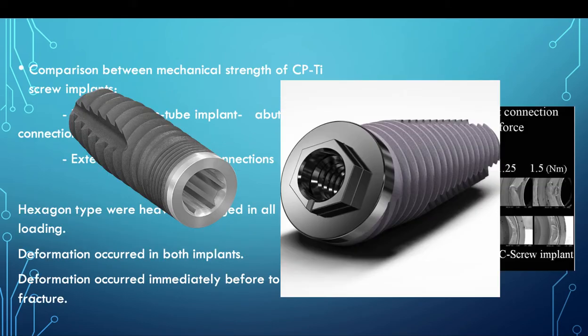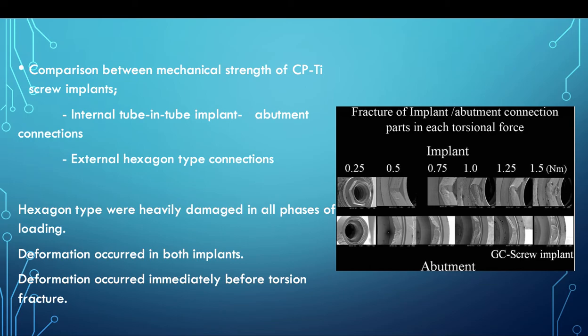Another study in this paper shows a comparison between mechanical strength of CPTI screw implants. There are two types: internal tube-in-tube, as we can see in the picture on the left, and external hexagonal type, as we can see in the picture on the right. Different torsion forces were applied to both.